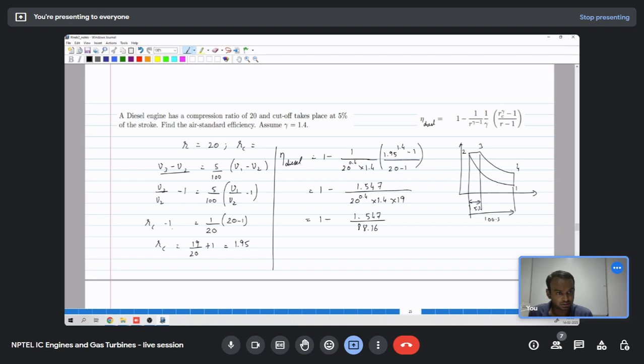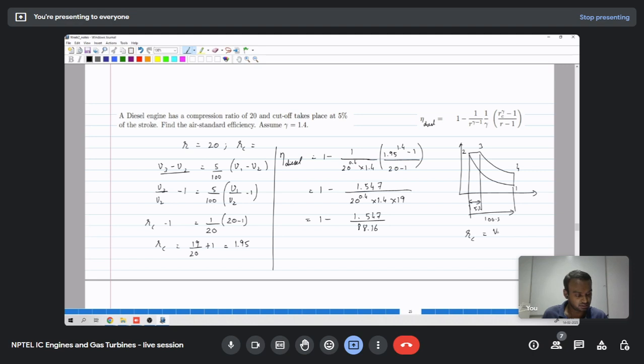RC minus 1. So V3 by V2 is RC, right? V3 by V2 is RC. Compression ratio? No, RC is the cutoff ratio.